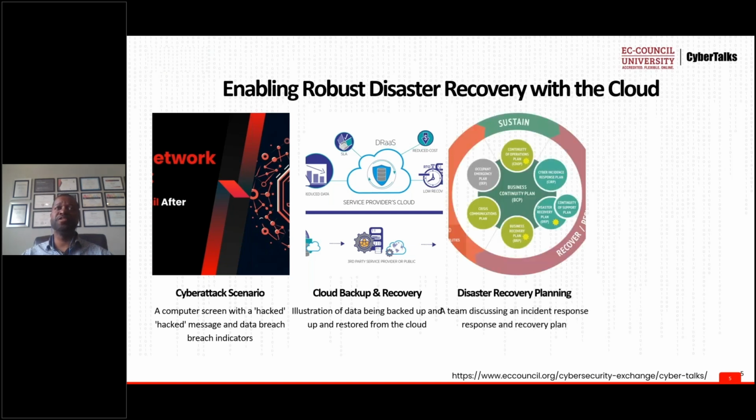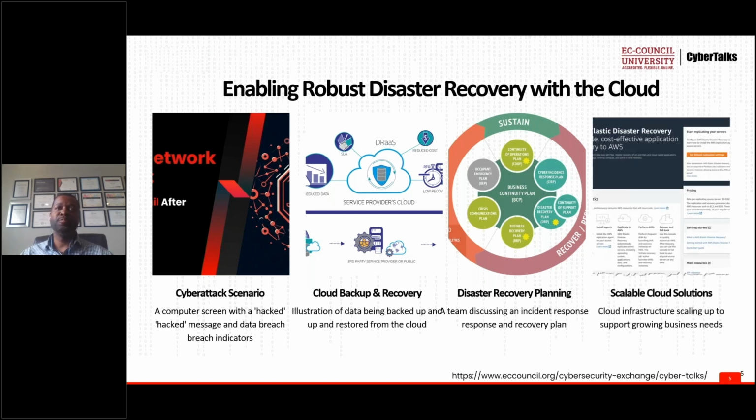The third is a visual about a disaster recovery planning process within a broader business continuity ecosystem. The cloud actually enables seamless collaboration between plans, like an incident response plan, support, and communication frameworks. So you're not just reacting, you're actually coordinating a smart, controlled recovery process.